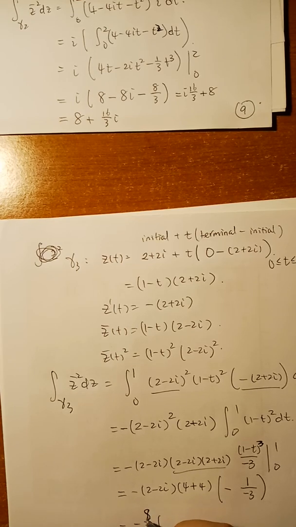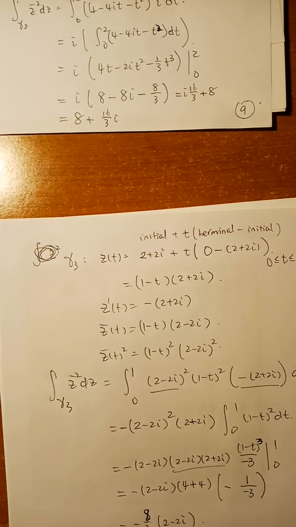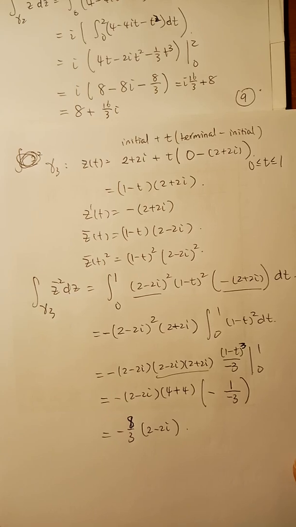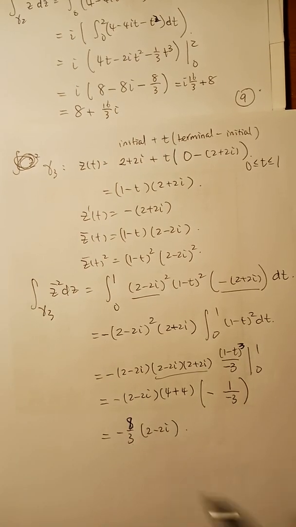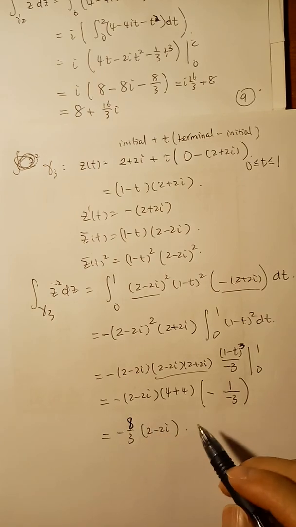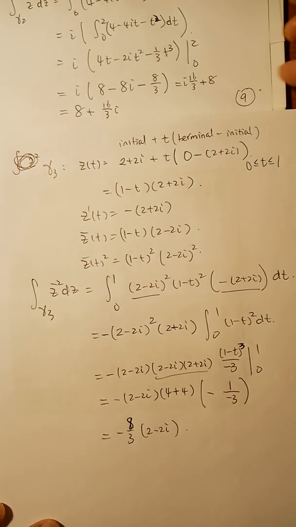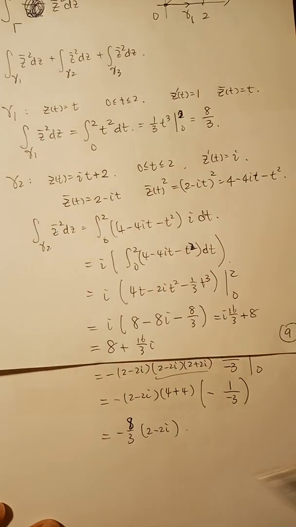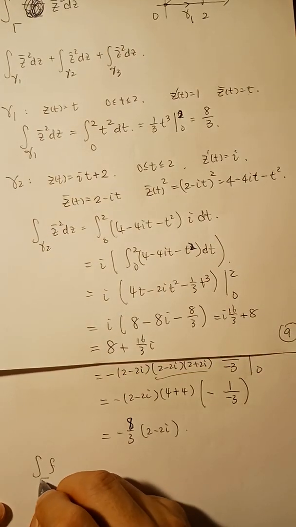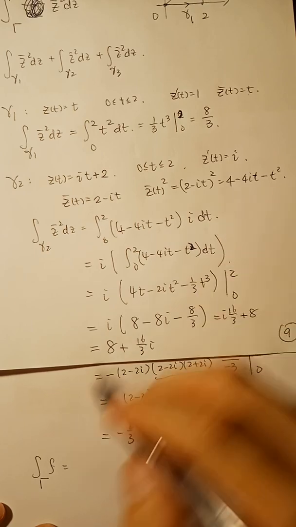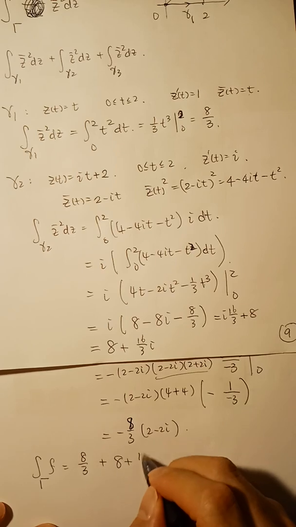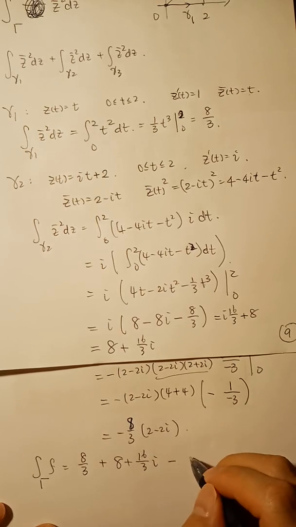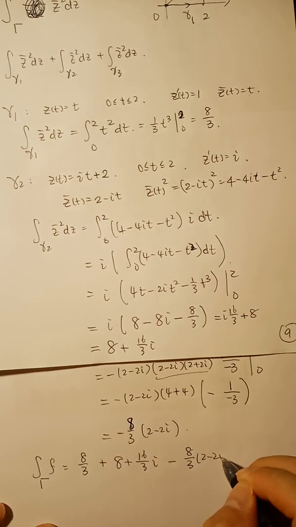So negative 8 over 3, 2 minus 2i. So here this is positive, but at the beginning there's a negative sign. Okay, so when you have those three evaluations, you're going to add them. So the integral of f along the contour is equal to the first integral, 8 over 3. Second one, plus 8, 16 over 3i. Third one, minus 8 over 3, 2 minus 2i.